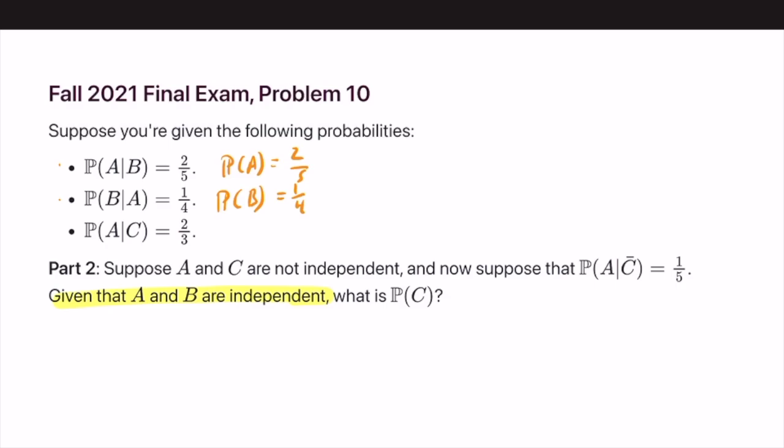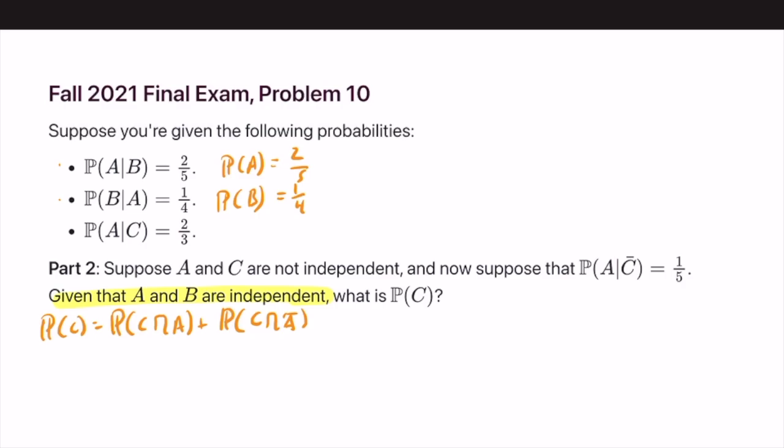All right. So what is the probability of C? Well, let's start by using the law of total probability and say the probability of C is equal to the probability of C's intersection with A, plus the probability of C's intersection with A complement.